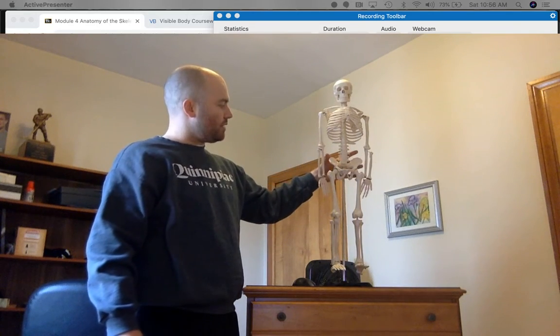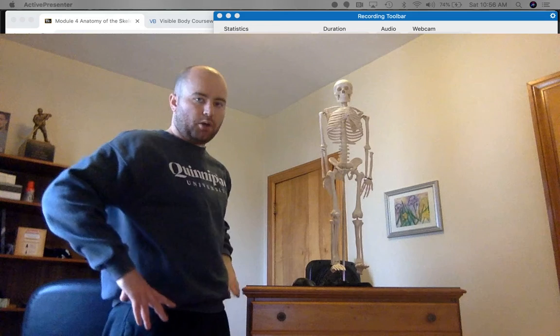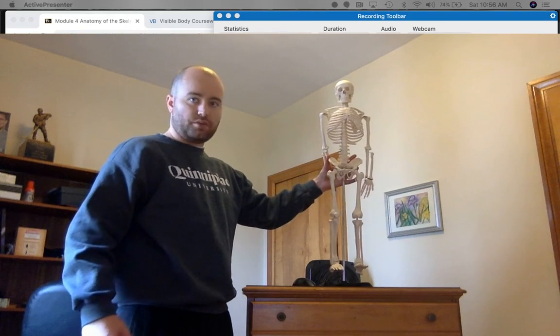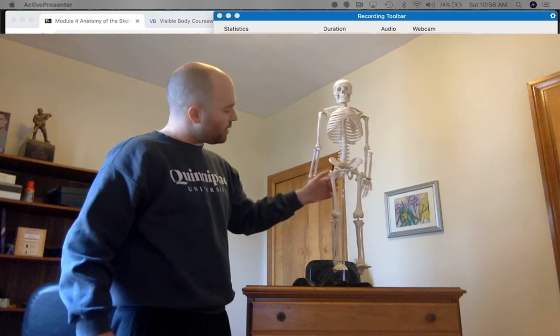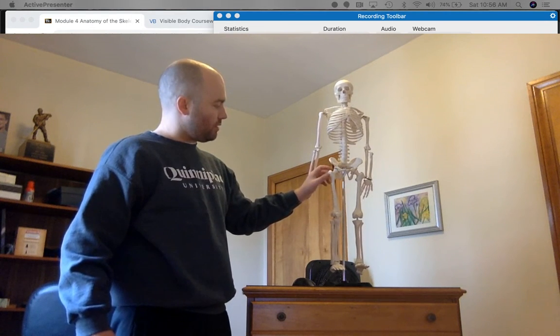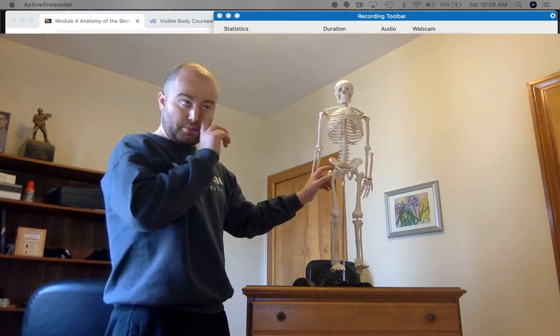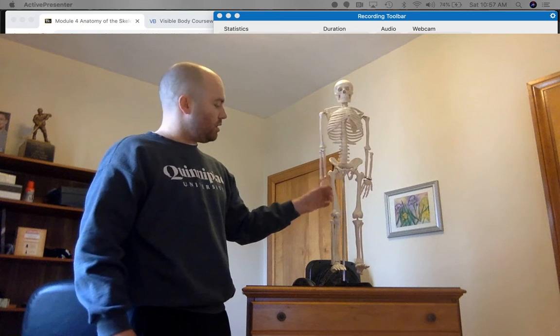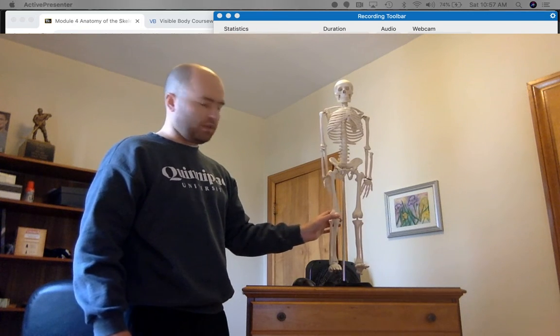We have here the pelvis. It's the pelvic girdle, which is comprised of different bones that are fused together. And then we have the femur. The femur articulates with the pelvis at the acetabulum to form the hip joint. Patella right in the front, your kneecap.